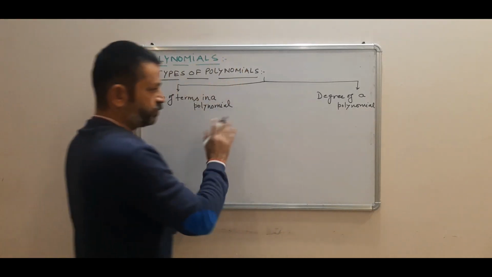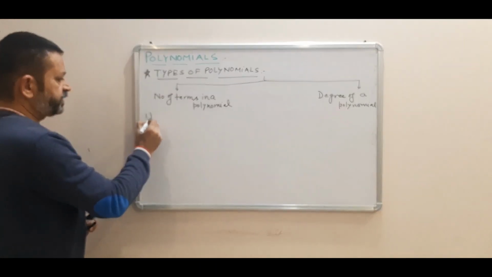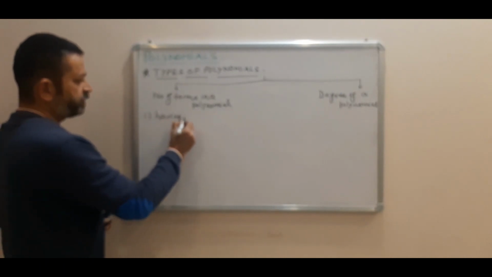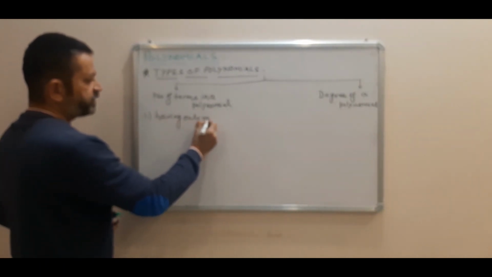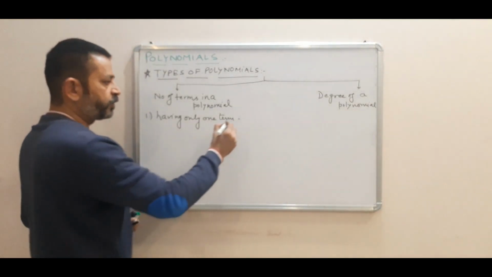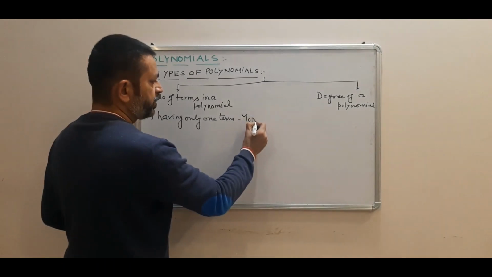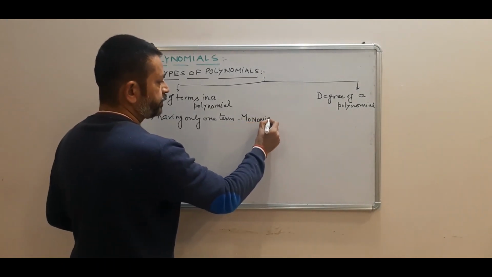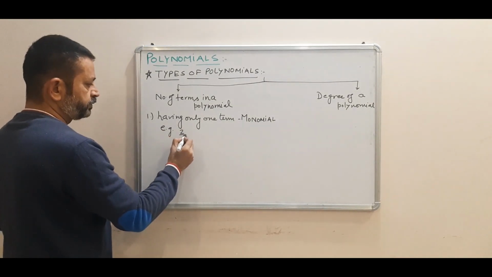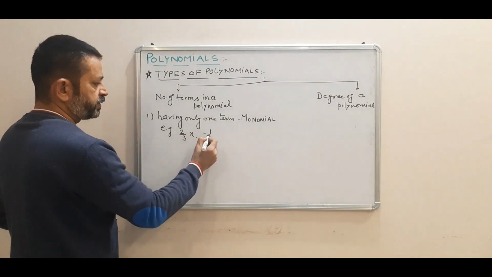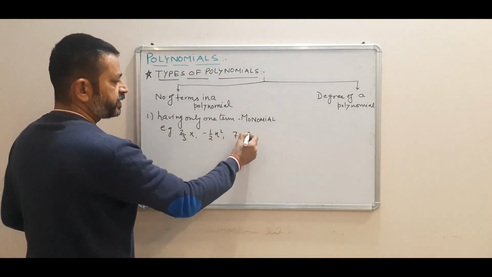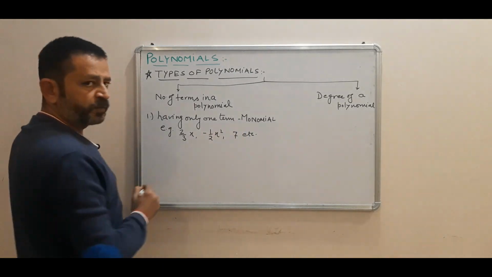So we'll discuss one by one. First one is a polynomial having only one term. If just one term is there in the polynomial, that is known as a monomial. For example, 2 by 3 x, minus half x square, only the number 7, etc. These all are examples of monomials.